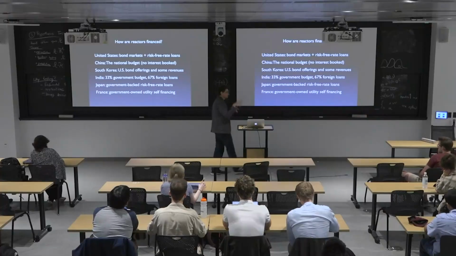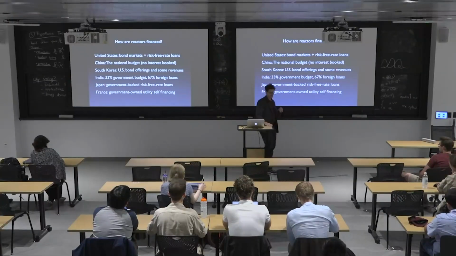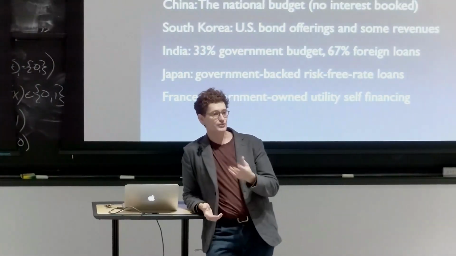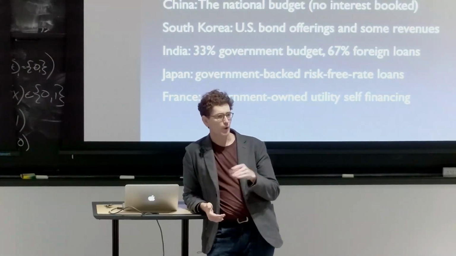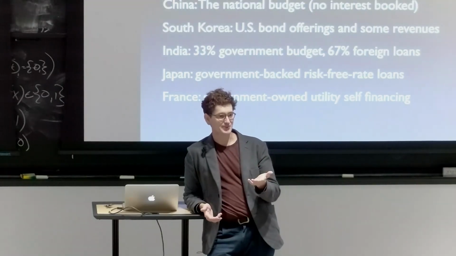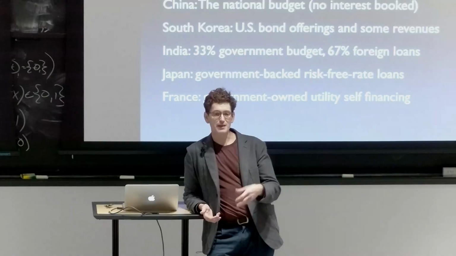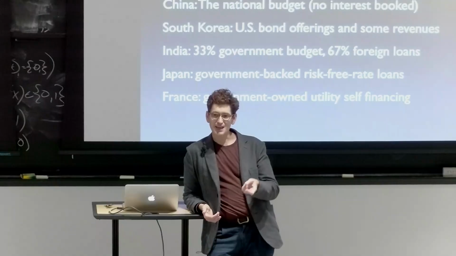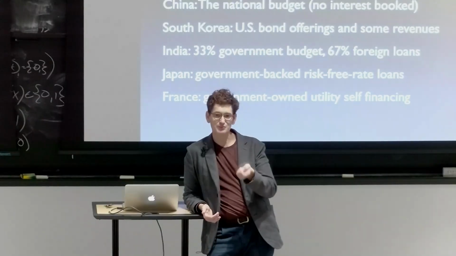So interest rates were really low, and they went onto the bond market, and they issued all these bonds at something like 1%. And then the inflation rate was much higher than 1%. So in fact, they made money by issuing bonds, by taking loans, because they had to pay back at 1%, but inflation was 3%.